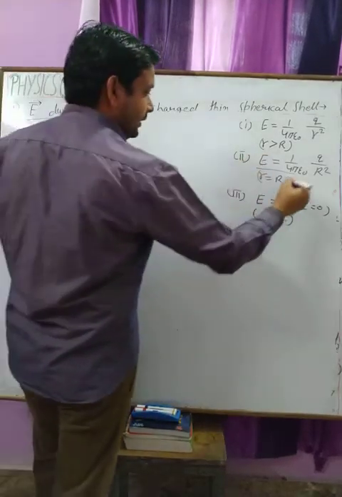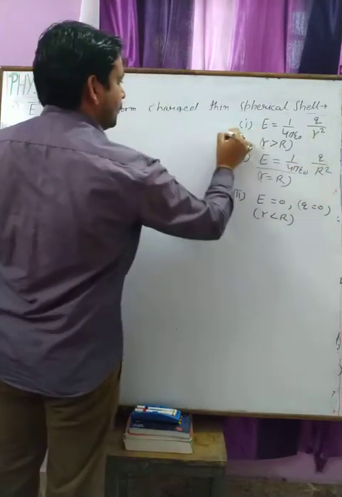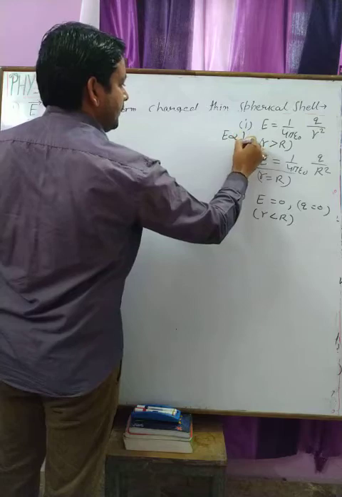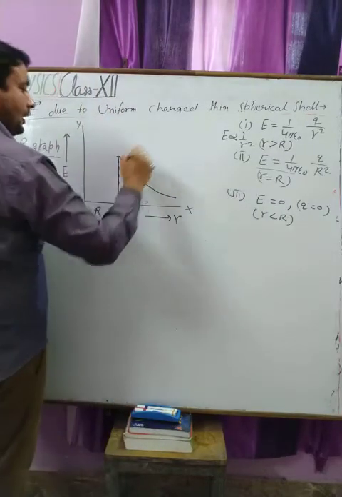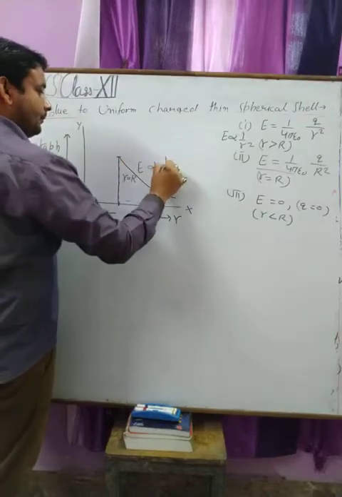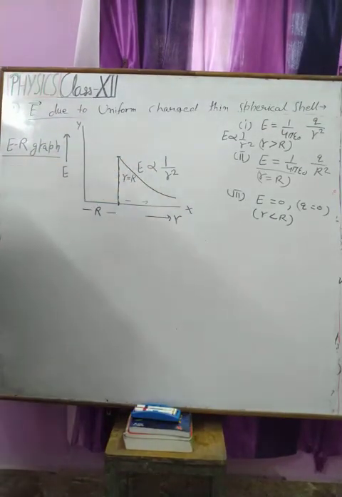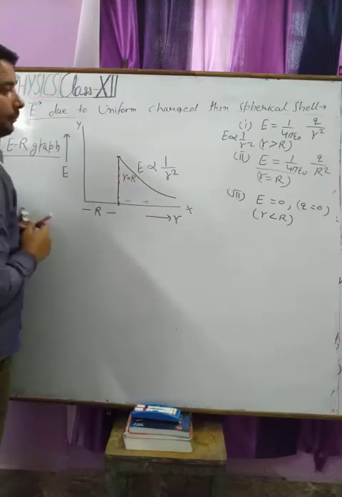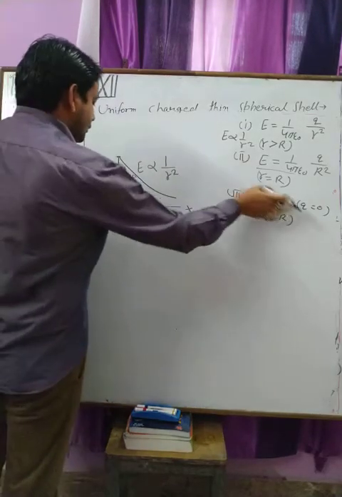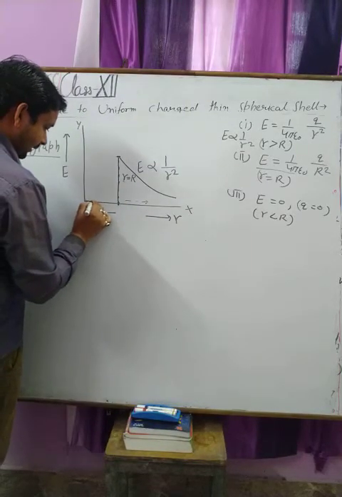You will find the electric field due to this is 1 upon r square. We are writing it like this. E is depleted when r increases in this ratio or in this rule, but inside there is no charge distributed, so this is the value of electric field.